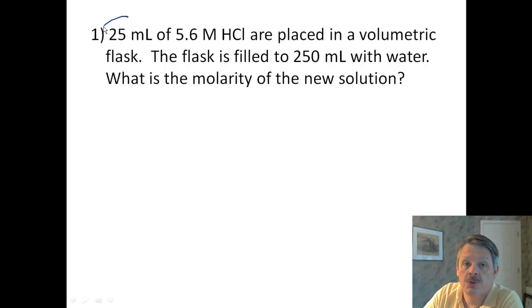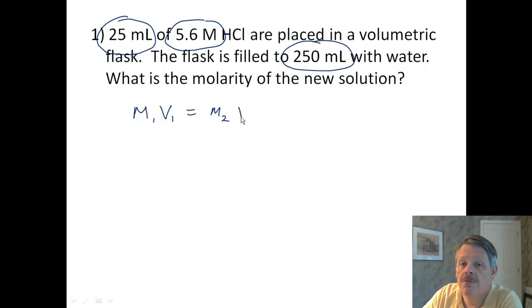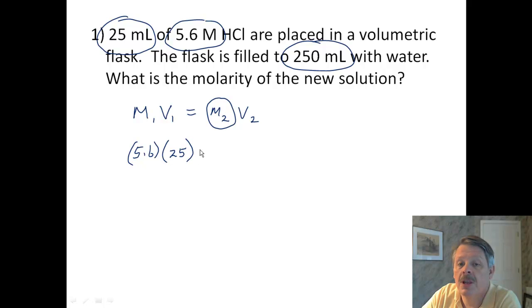The first one says we're starting with 25 milliliters of a substance at 5.6 molar. So we have our initial molarity and our initial volume, and this is our final volume, and so we're going to be looking for our final molarity. This is going to be our unknown. So our initial molarity is 5.6 molar, and we're multiplying by 25 milliliters. Be very careful, we are multiplying by milliliters, so our final volume better be in milliliters, and it is.